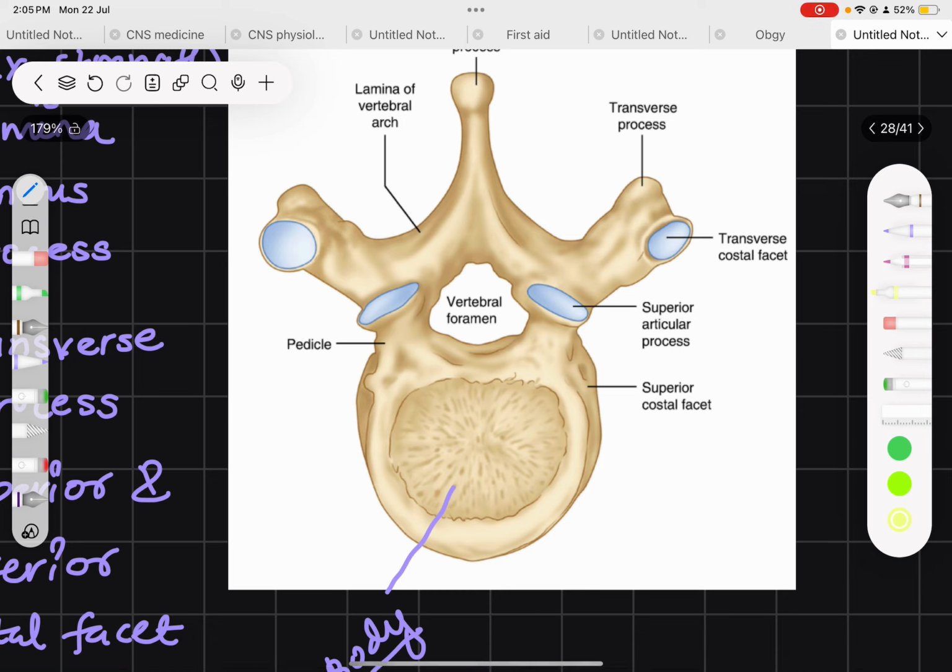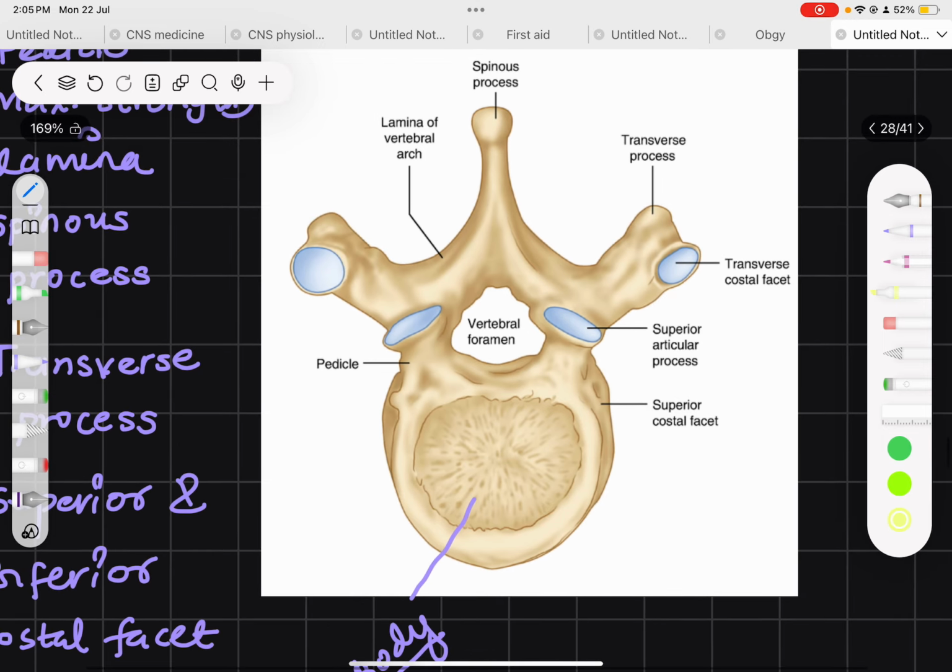The superior articular process has a superior articular facet to combine with the vertebra above, and it will combine with the inferior articular process of the upper vertebra. Same way, the inferior articular process has an inferior articular facet.